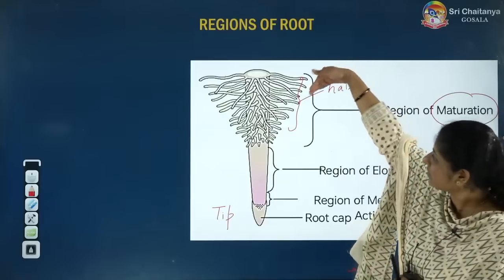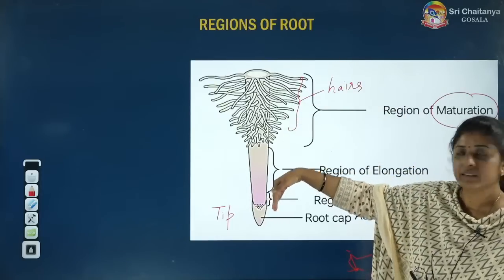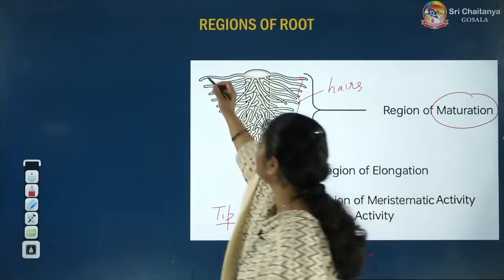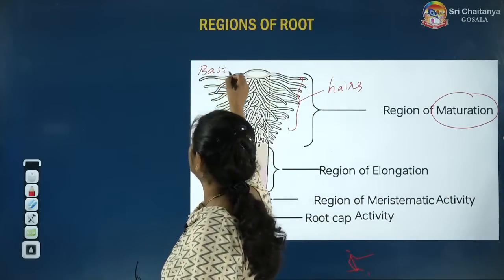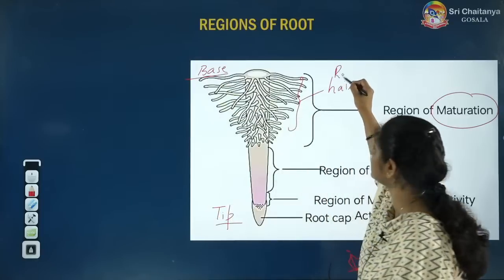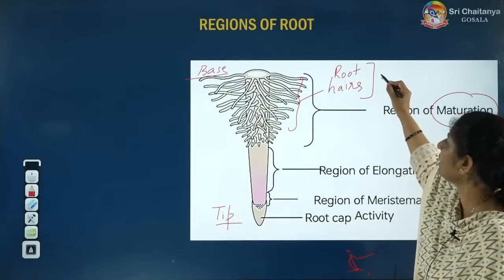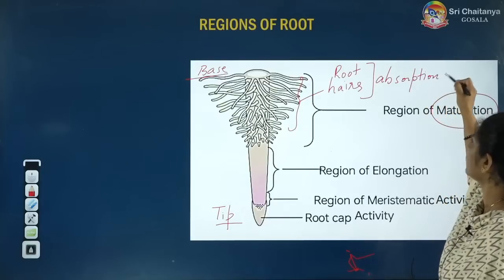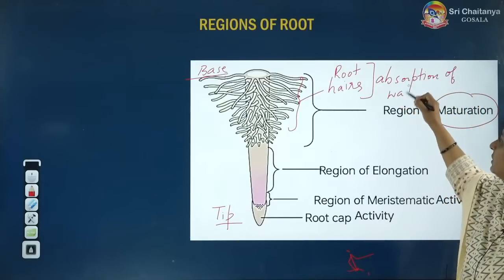It is going under the ground like this. So this will be the tip and this will be the base. You will find root hairs. What is the function of root hairs? For the absorption of water and minerals.